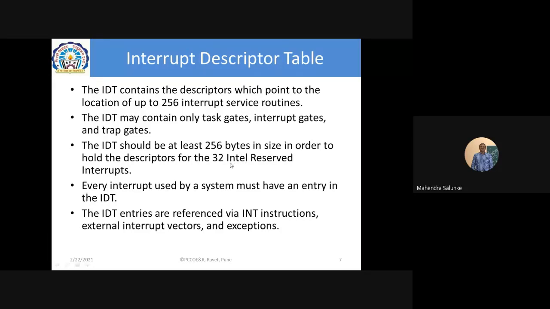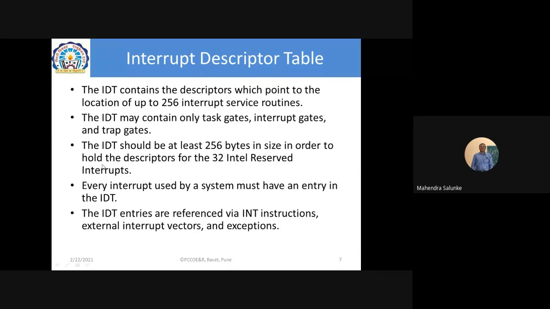Now, many times, if you talk about INT 80H, which many of you may be aware of, this is equivalent to the syscall in your 64-bit architecture. Here, this 80 is above this 32. From 0 to 31 you have the Intel reserved interrupts.